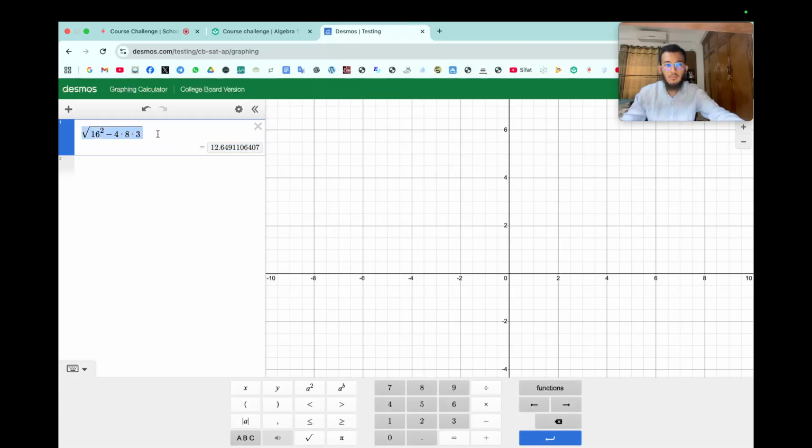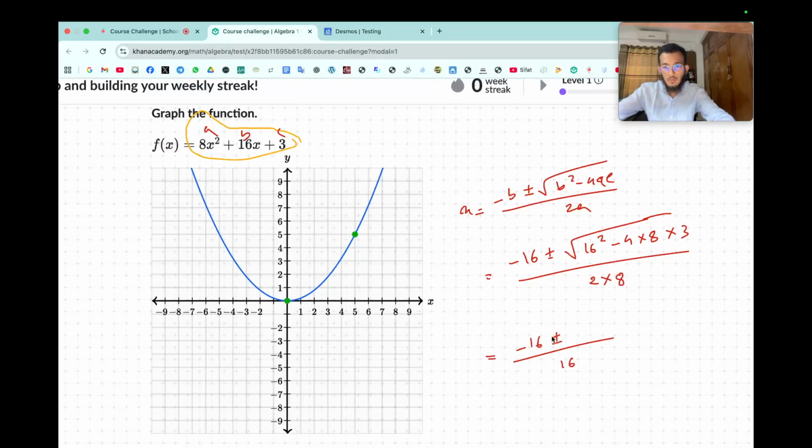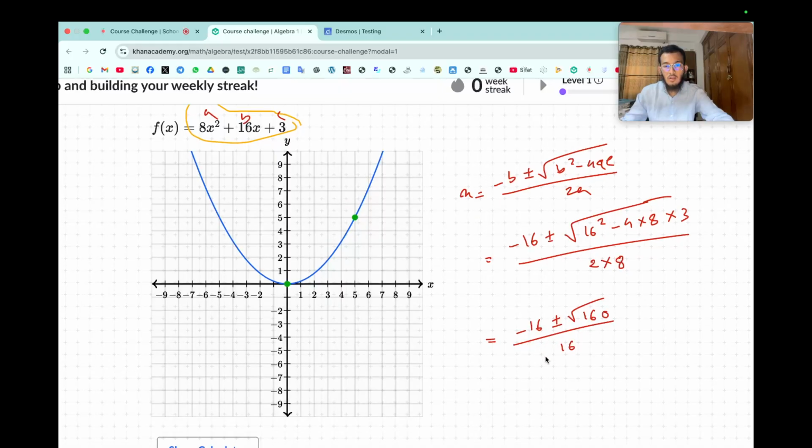16 squared minus 4 times 8 times 3 gives us 160. So plus minus root 160. Which means the entire thing will not be an integer.